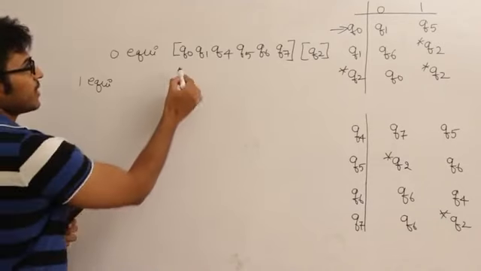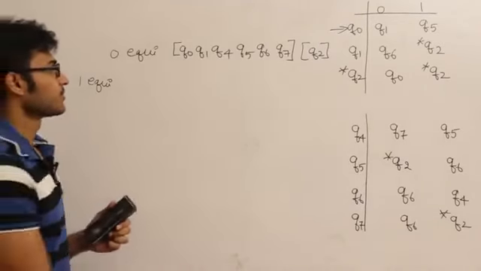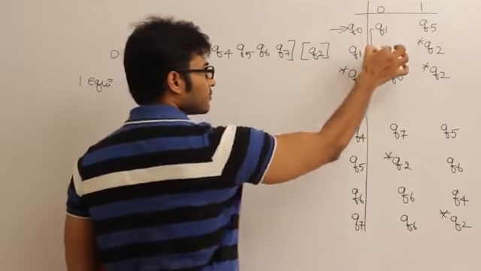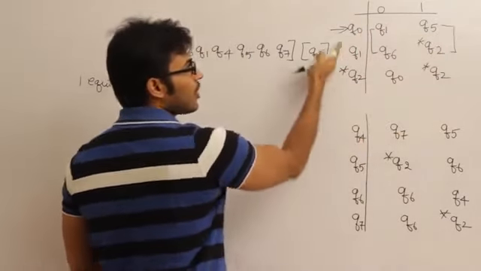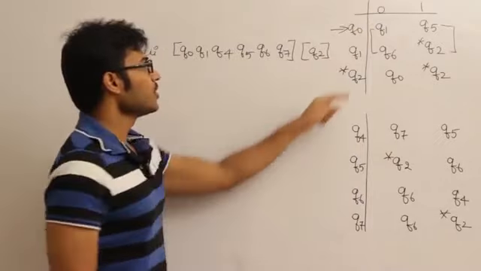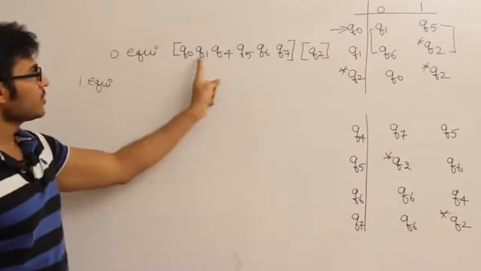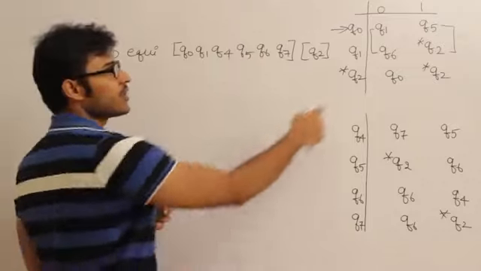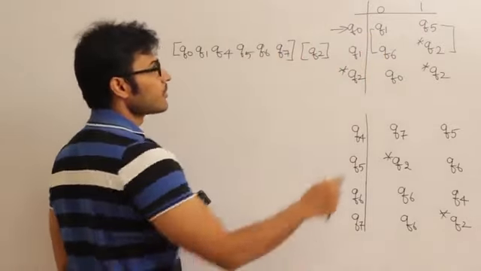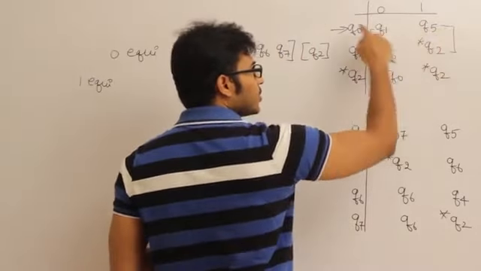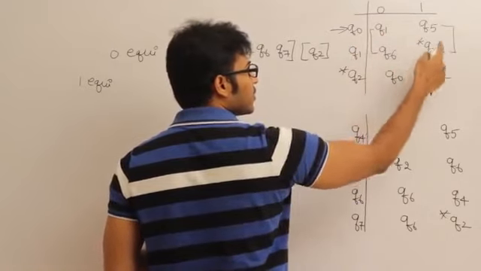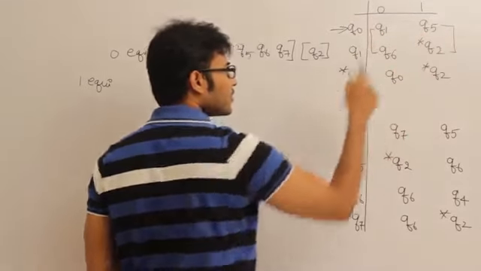Now let us compare Q0 and Q1. Q0 and Q1 on 0 are going to Q1 and Q6. Q1 and Q6 are in the same group, therefore it is not creating any problem. Now see this, on 1 Q0 is going to Q5 and Q1 is going to Q2. One is going to non-final, other is going to final.